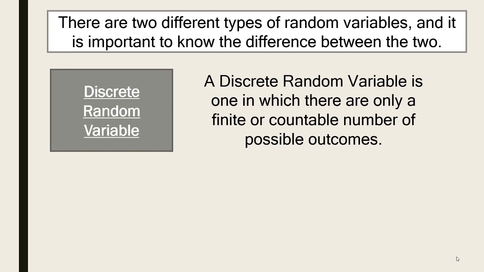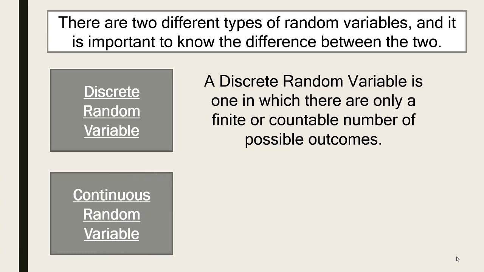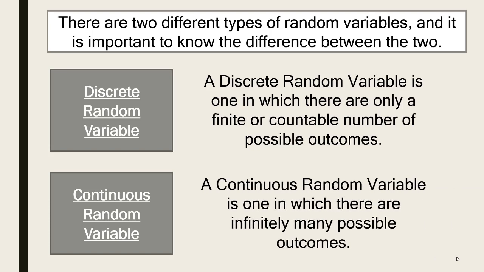Then there's a continuous random variable, one in which there are infinitely many possible outcomes. So discrete means finitely many outcomes. Continuous means infinitely many outcomes.